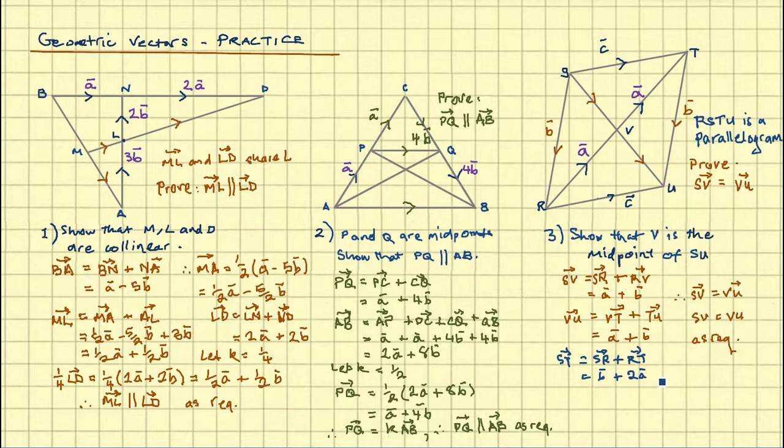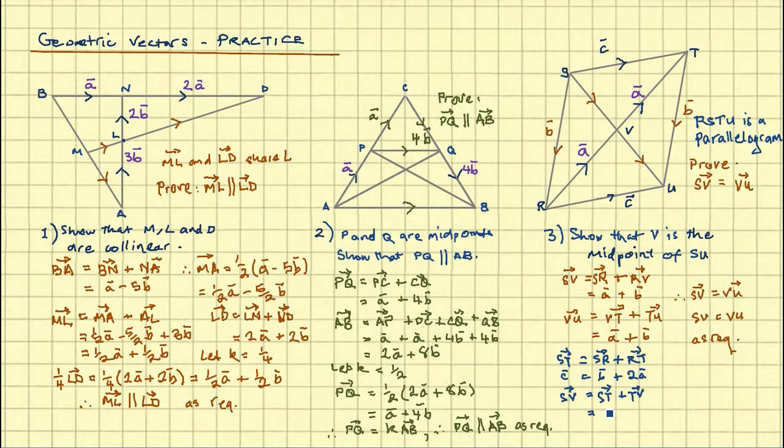If that's the case, if we now have C equals B plus 2A, when we start thinking about S to V, we'd have just a slightly more complicated expression. S to V would be the same as S to T plus T to V. And now perhaps you'd like to just pause the video and fill that one in.